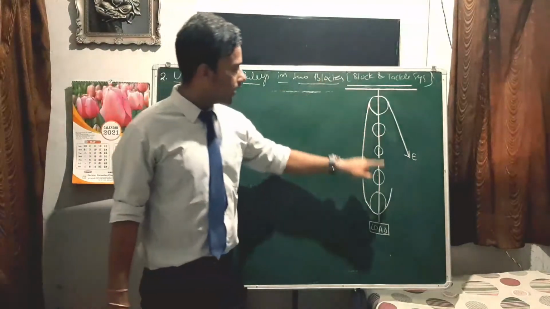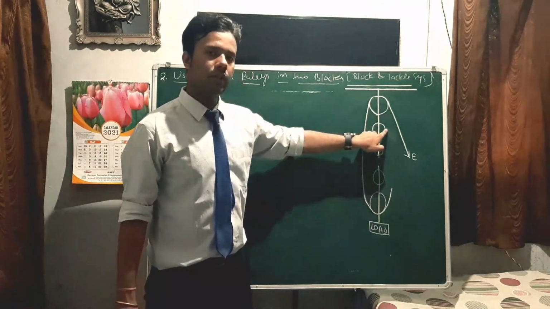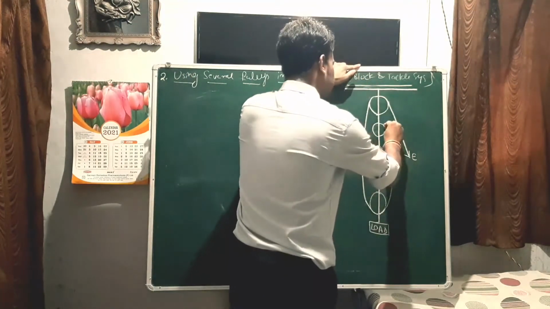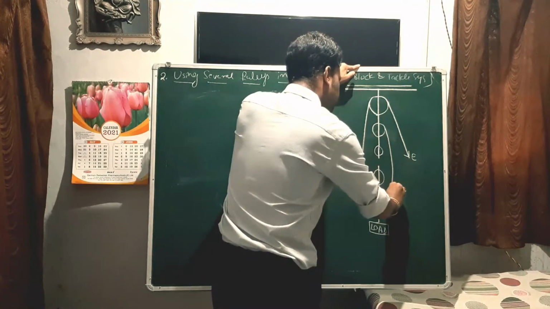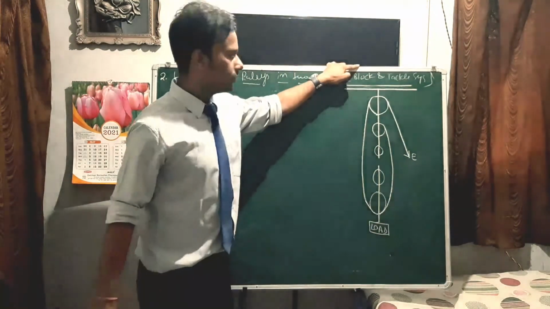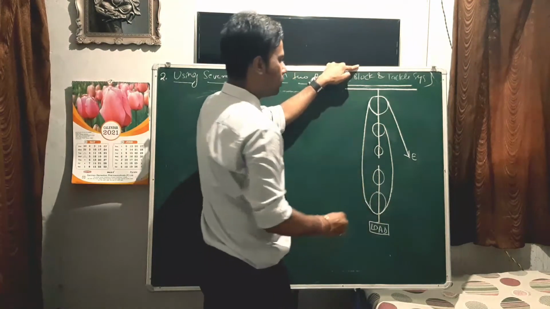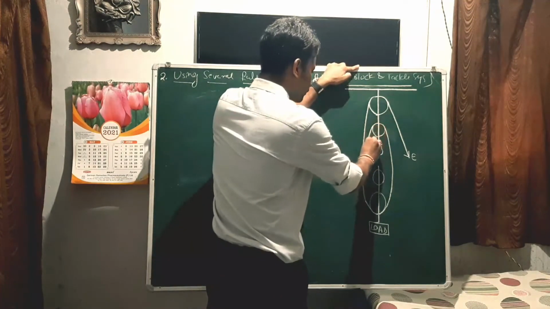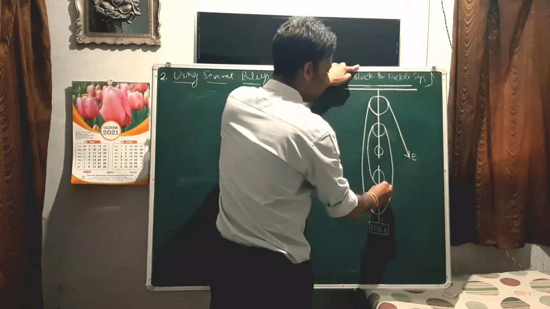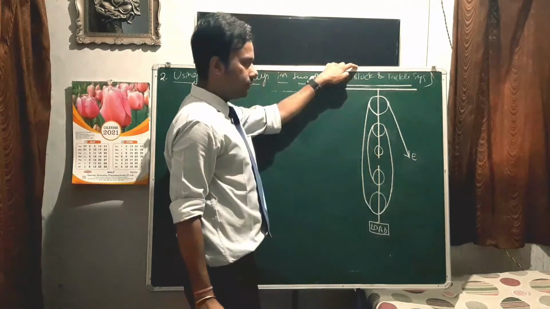Now it will come to the second pulley in the upper block, like this, completed, and will go around the next pulley in the down block. Only one pulley is left here.